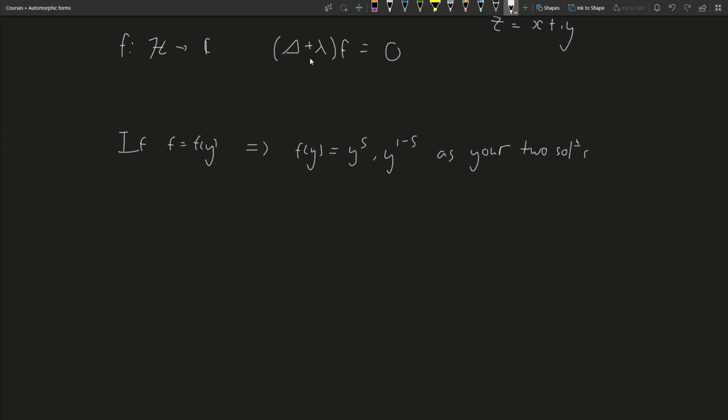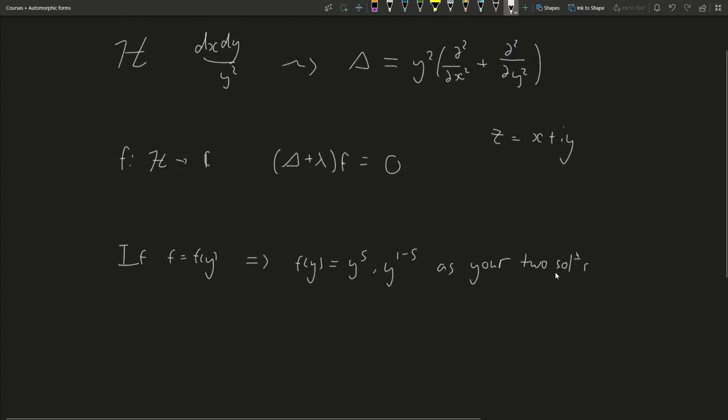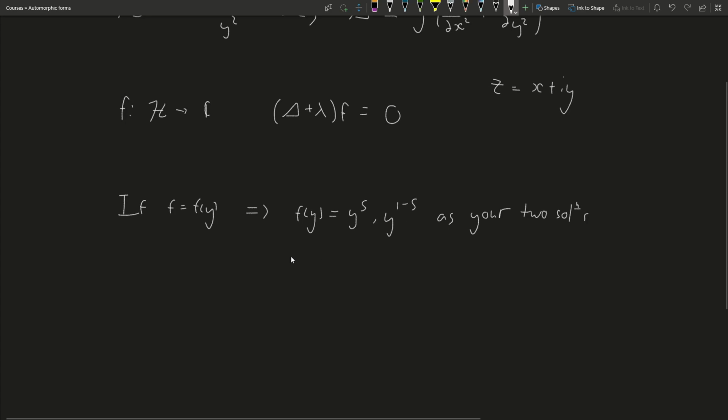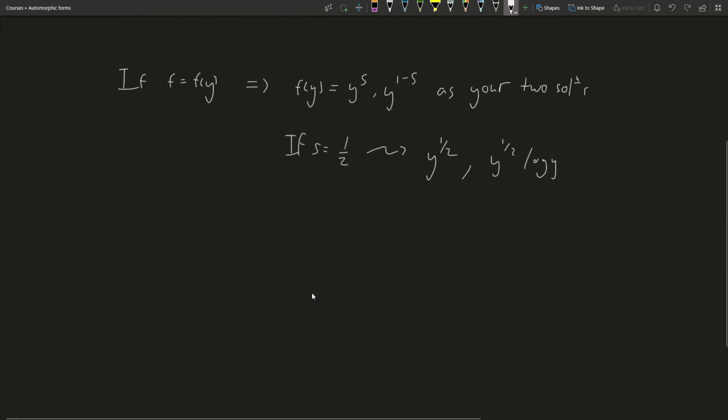And it's a second order differential equation, so you expect two solutions. If s is 1/2, then this would only give you one solution. So instead your two solutions are y to the 1/2 and y to the 1/2 log y. All right. So those are the easy ones.